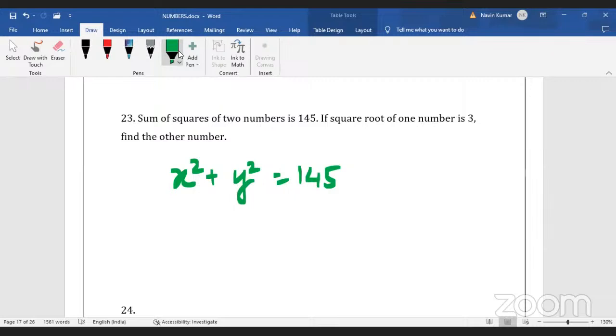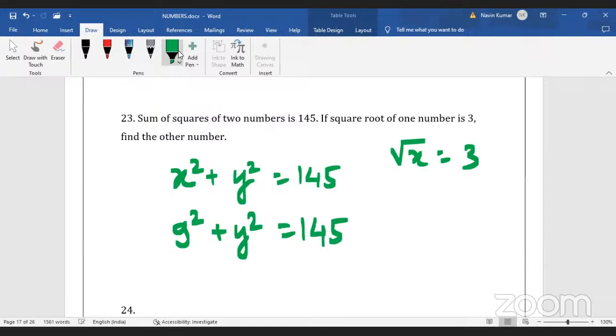If square root of one number is 3, what is the value of x? What is that number? 9. Correct. So one number is 9. So instead of x square, can we write 9 square plus y square equals 145? Can we write like this?